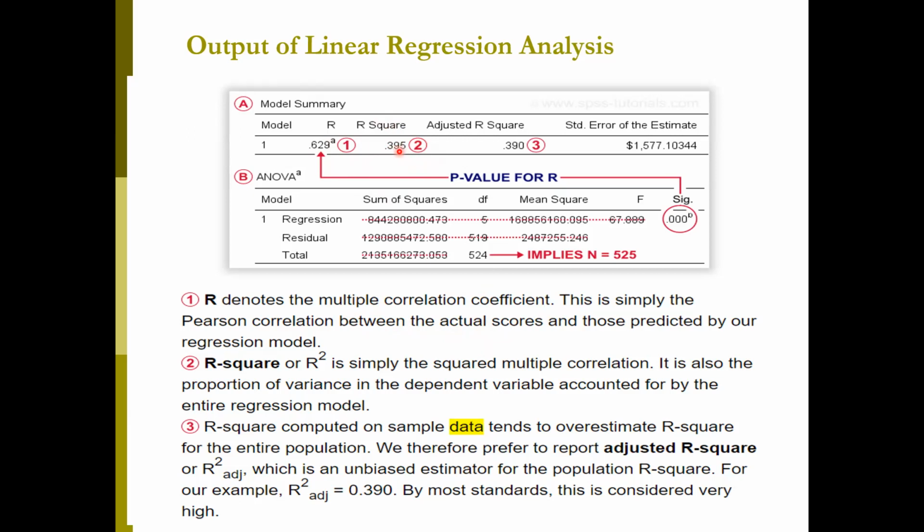And simply, the R square is what? The proportion of the variance in the dependent variable accounted for by the entire regression model. It is also known as the coefficient of determination. And we'll remember our adjusted R square.